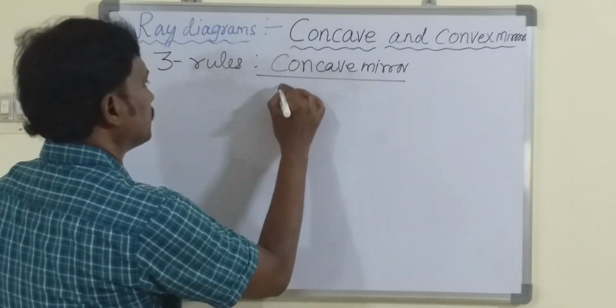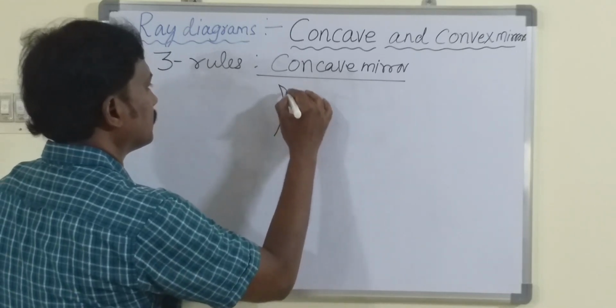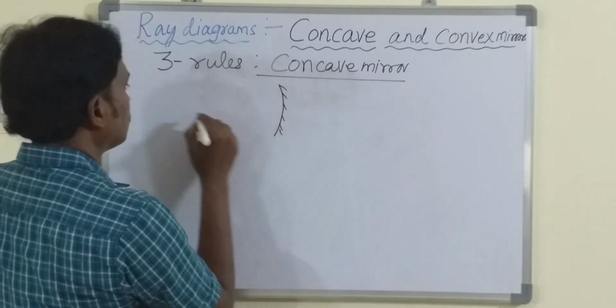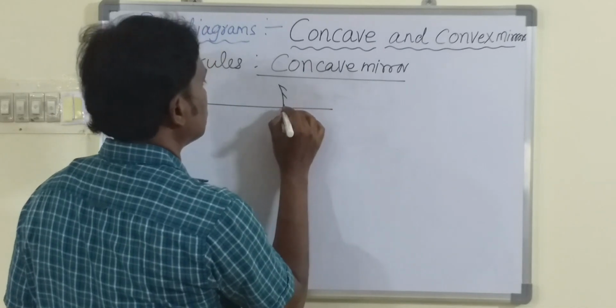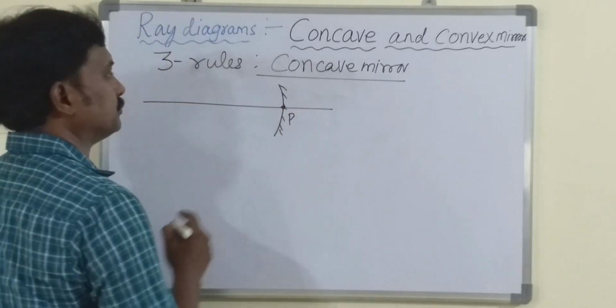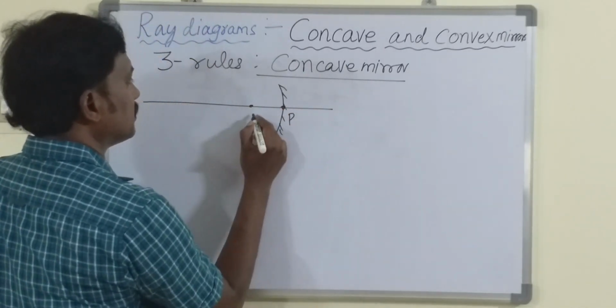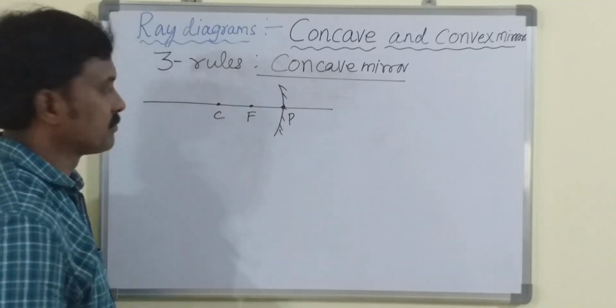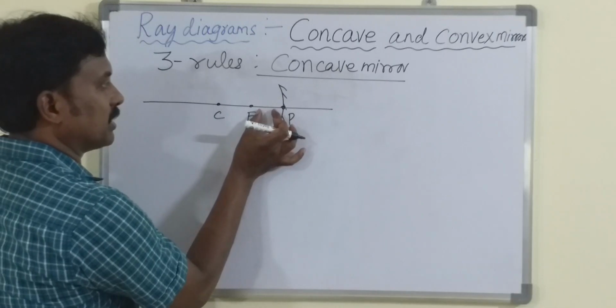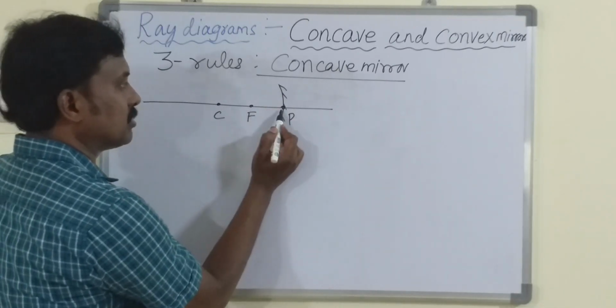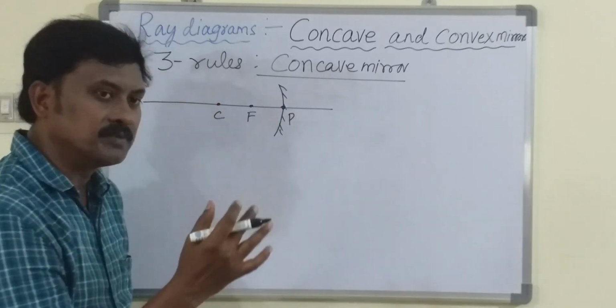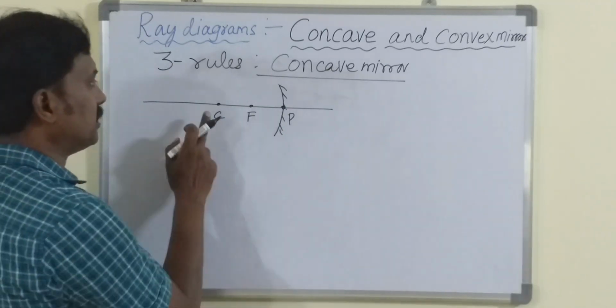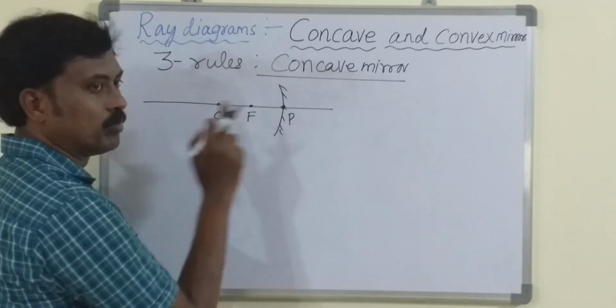This is the pole, this is the focus, and this is the center of curvature. Always, the focal length, that is the distance between the focus and the pole, will be half of the radius of curvature. What is the radius of curvature? The distance between the center of curvature and the pole.